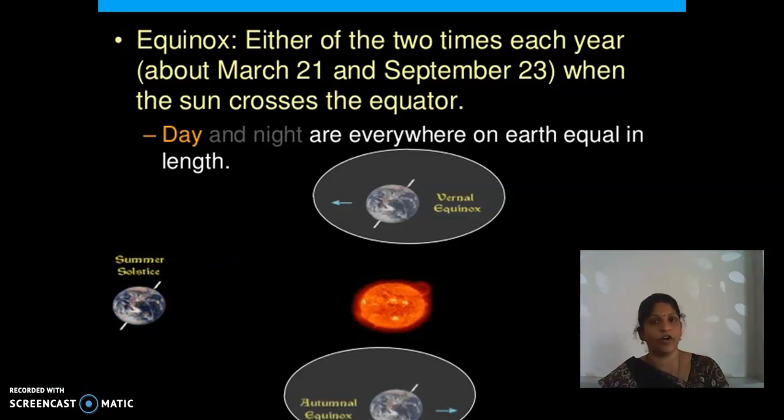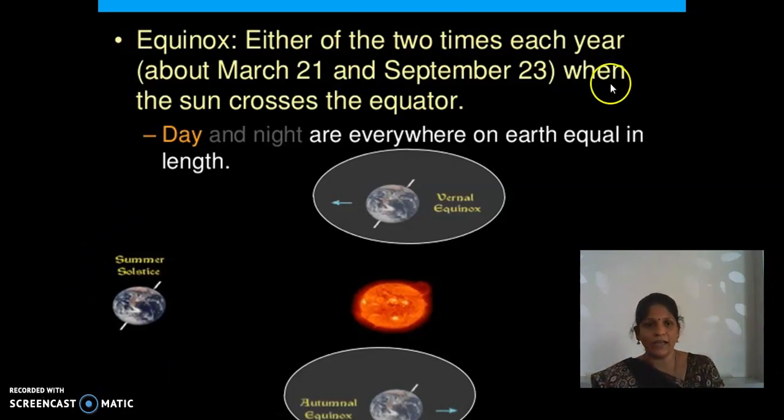The sunlight does not reach the poles directly; it falls slantingly. So the northern hemisphere countries or people experience long days and short nights. Just the reverse for the southern hemisphere people.